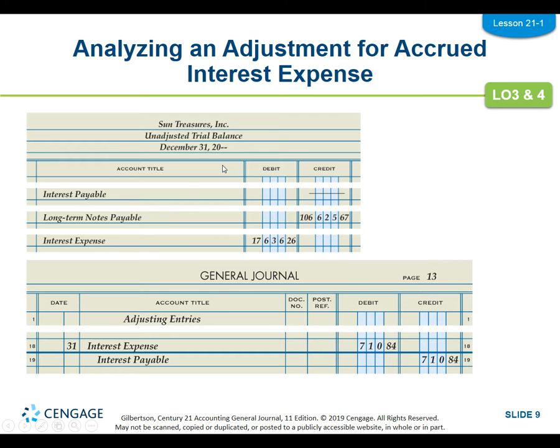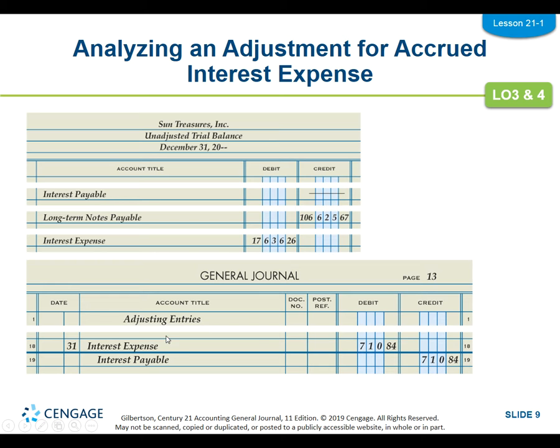Here's what you're looking at in your unadjusted trial balance. You don't have anything in interest payable. This is the end of December. Your notes payable is 106. Here's that note that you are responsible for. And the interest expense for a variety of other places is $17,636.26, not just related to this.